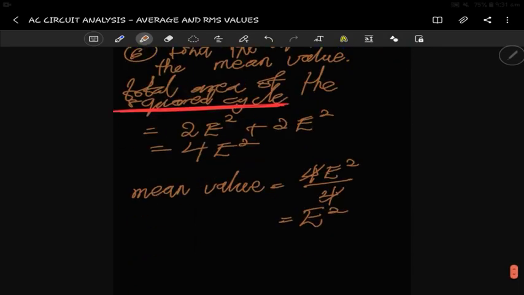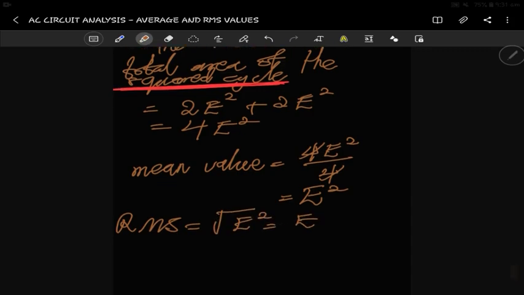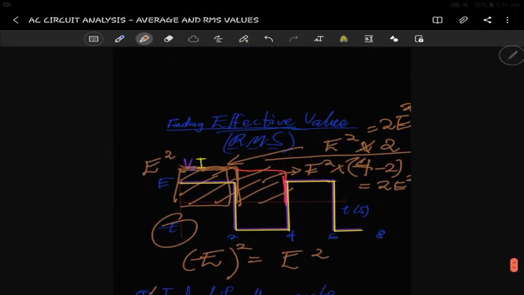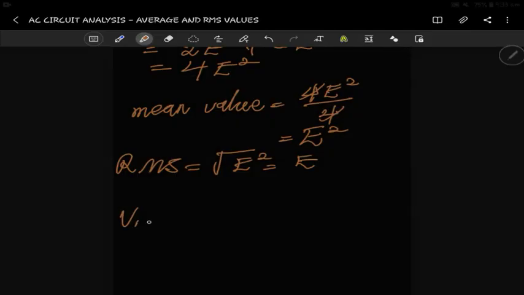So the RMS for this particular cycle will be the square root of this e squared that we have, and that will end up giving us e. So if the graph were in volts, voltage plotted against time, the RMS will be e, which could be any value, in volts.